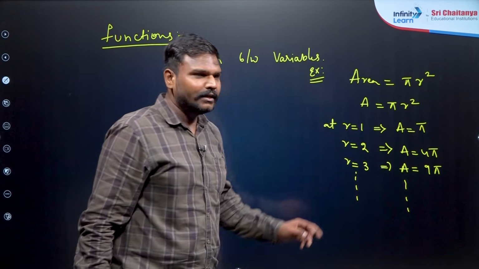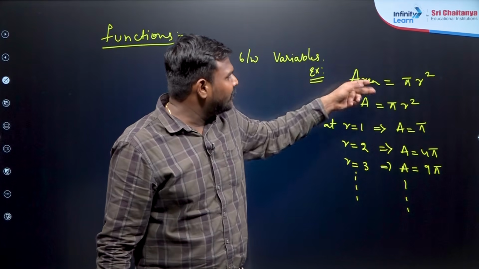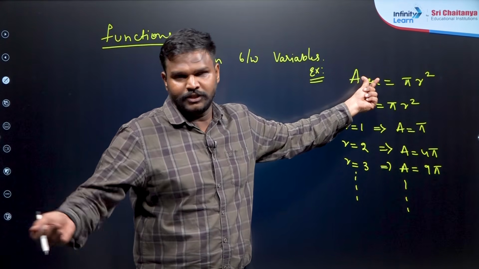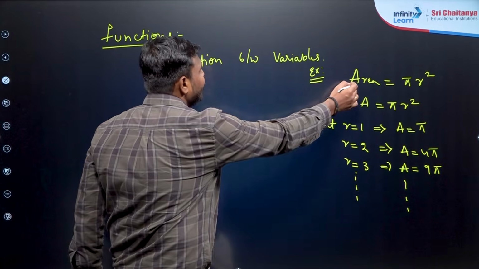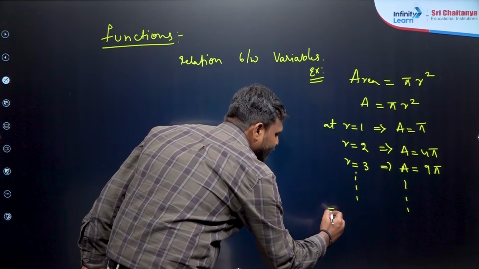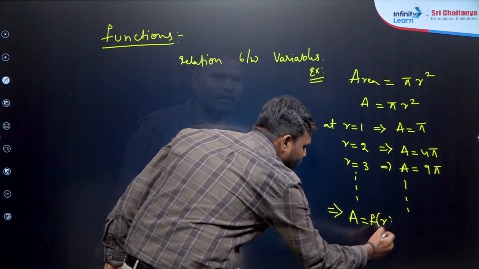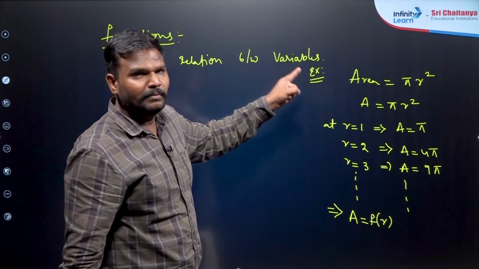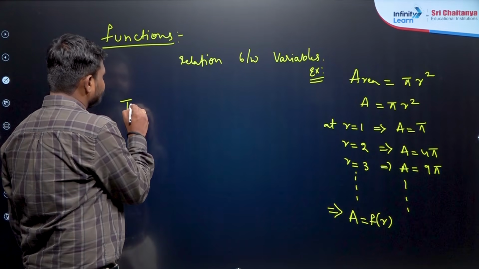So you can see if you change the variable r, the variable a is also changing. So a is a function of r. We can write this as a is a function of r. Any relation between variables is called a function, and we have certain types of functions.